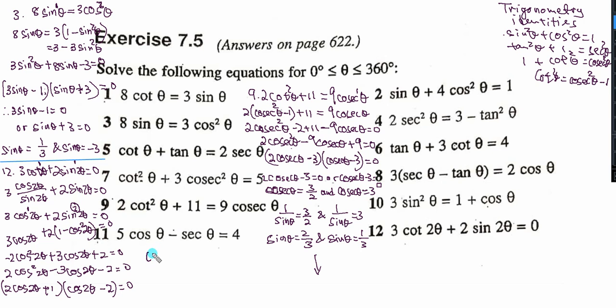Therefore, 2 cosine 2 theta plus 1 is equal to 0, or cosine 2 theta minus 2 equal to 0. So making cosine 2 theta the subject, it is equal to minus 1 over 2. And then you also have to work on cosine 2 theta is equal to 2.